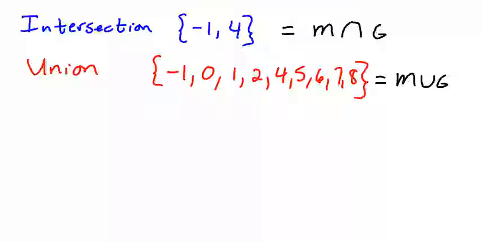Okay, so the next thing they do is they're still going to have you do union and intersection, but this time instead of it just being specific numbers, it's on intervals.